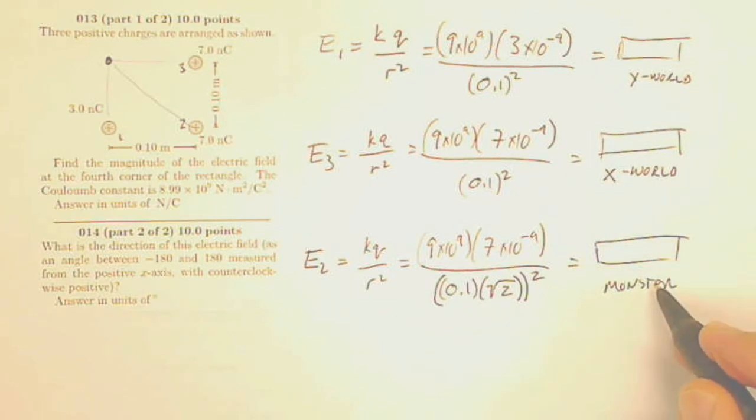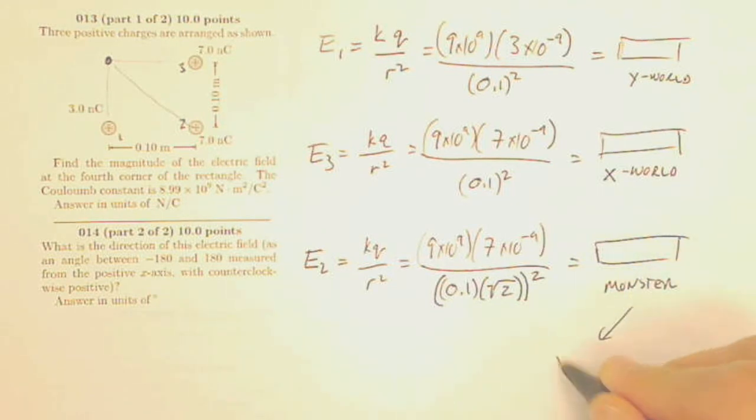To figure out how much this is in one direction and how much in the other, you've got to do a little trig and split that into its 2 components, which I think is just dividing by radical 2. Yeah, it should, since it's a 45-degree angle. So if you take this and divide it by radical 2, you'll get your monster in the x world and your monster in the y world.